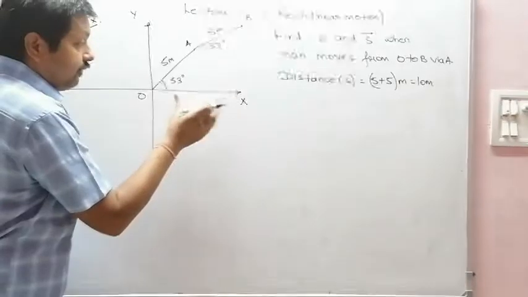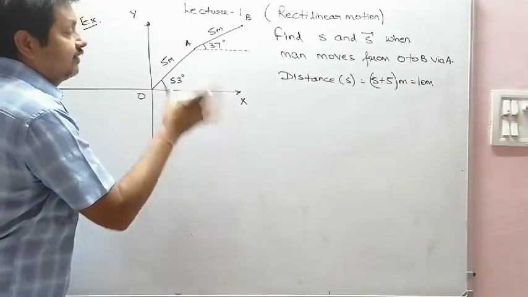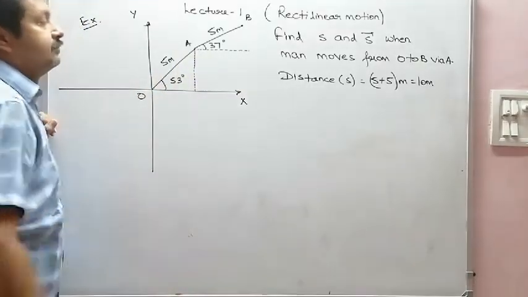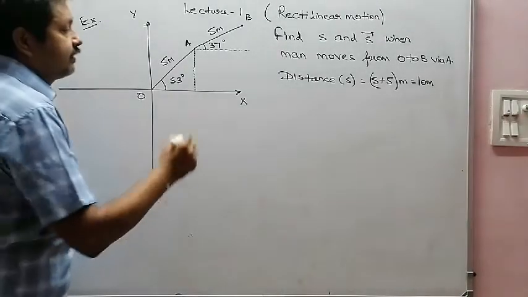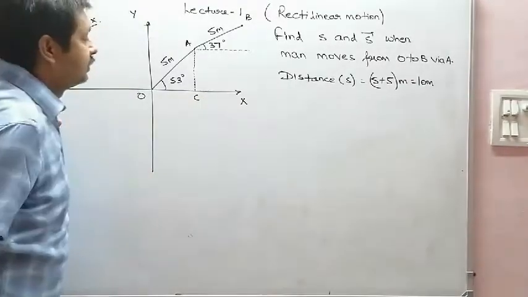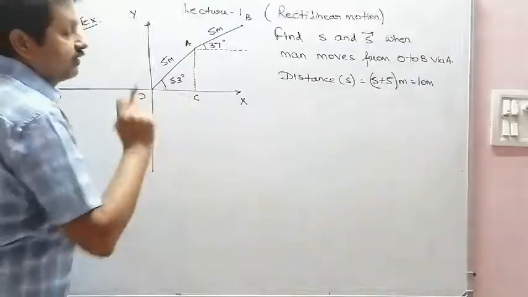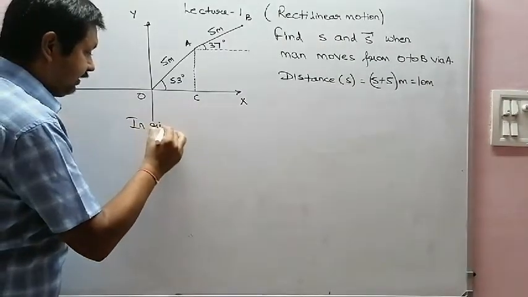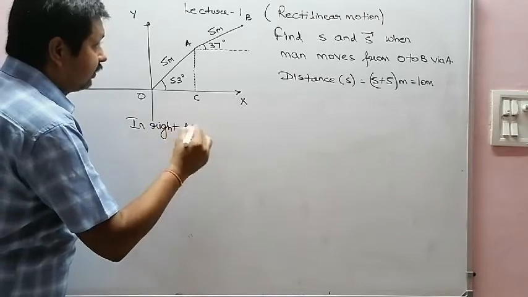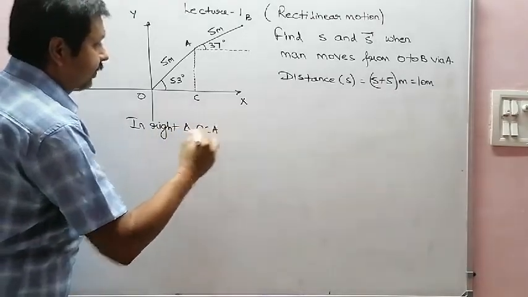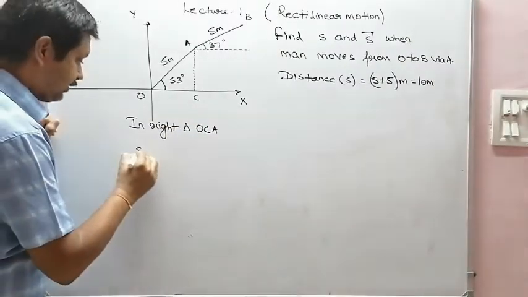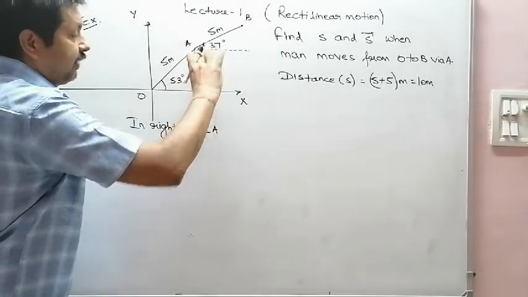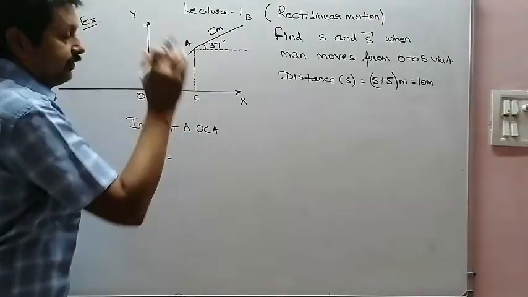Again we draw a perpendicular on x-axis that passes through point A. Let this point be C. So OAC is a right triangle. In right triangle OCA, sine 53 degree, this will be called perpendicular, base, hypotenuse.